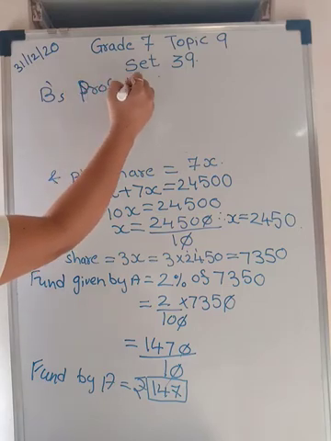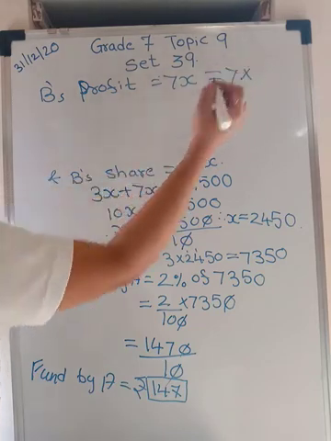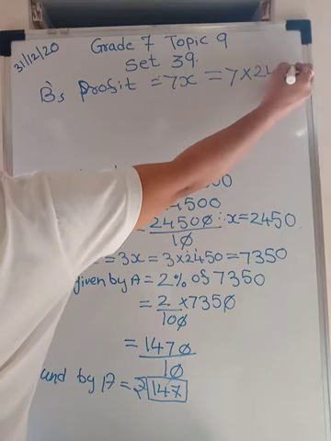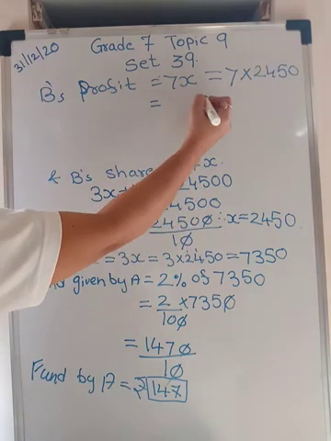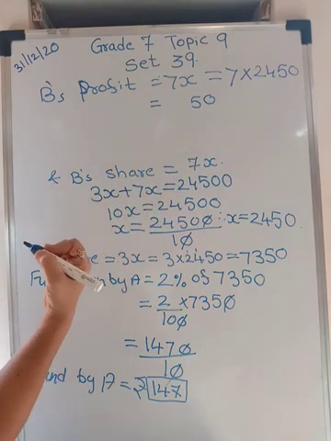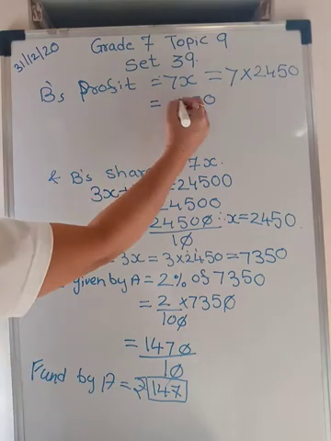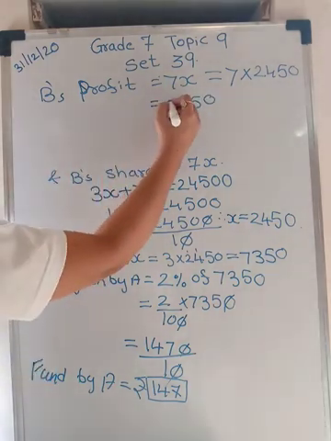B's profit is equal to 7x, which will be equal to 7 into how much is x? 2450. So B's profit will be equal to 0, 7 5s are 35, 7 4s are 28, 28 plus 3, 31, 3 carry over, 7 2s are 14 and 3 17.